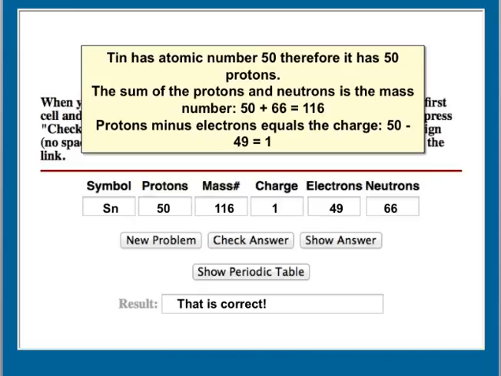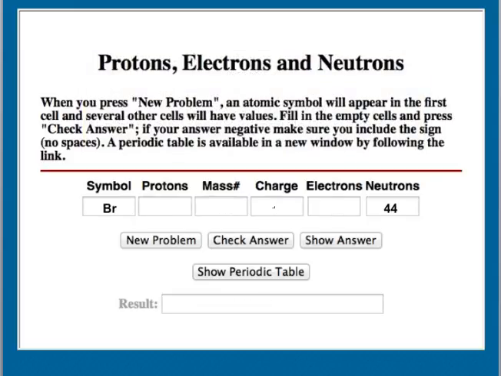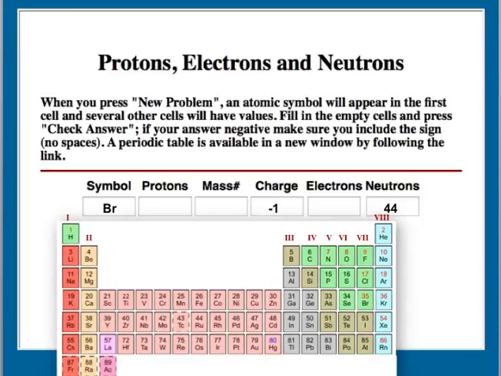Let's do another one. Bromine here. Now I'm saying that bromine has a charge of -1 and we have 44 neutrons. Okay? Here's our periodic table. Step 1, we have to find bromine, don't we?